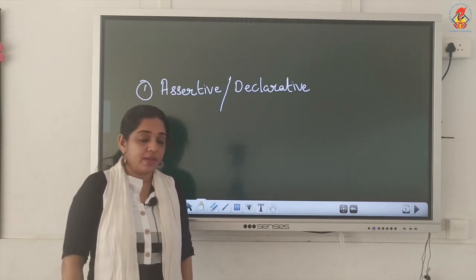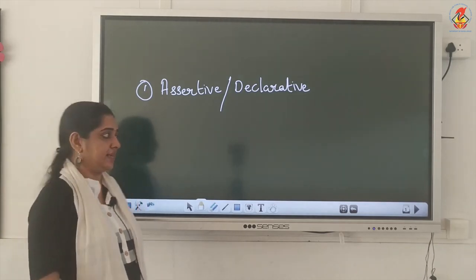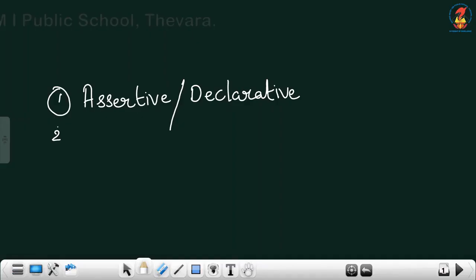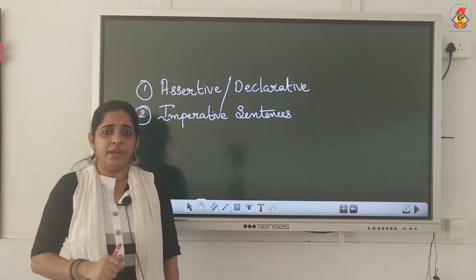Now, the next one, imperative sentences. What are imperative sentences? Second one, imperative sentences. Imperatives mean commands and requests, commanding something, just like don't talk in the class, keep quiet.